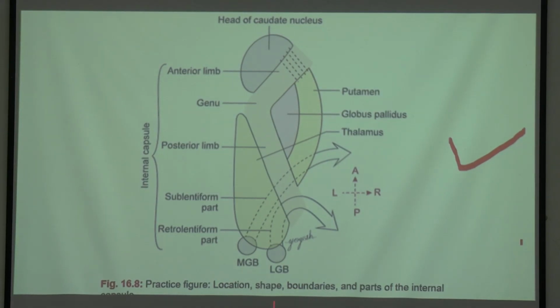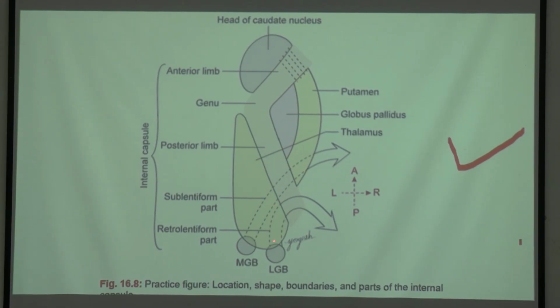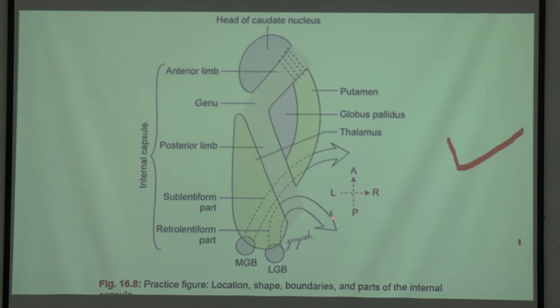Okay, so these fibers are called the optic radiation. From the lateral geniculate body, these fibers go to the occipital cortex. They are known as the optic radiation. And this part passes through the retrolentiform part of the internal capsule.